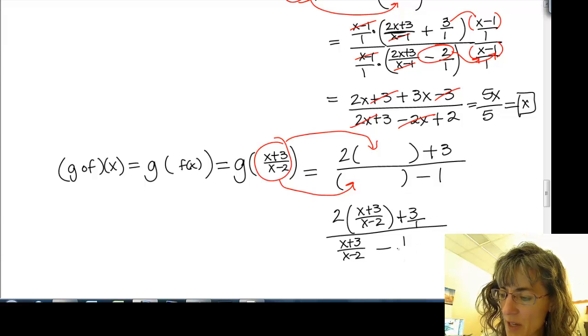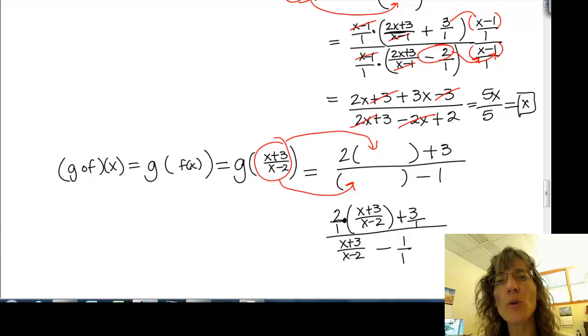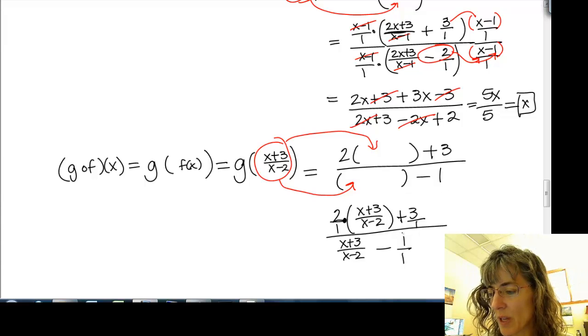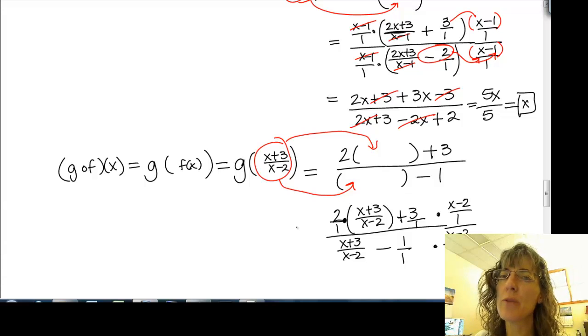Now I'm looking across this problem. I've got several parts that are not fractions. So I'm going to turn them into fractions, and this is being multiplied, so the 2 times the quantity is all one term. So when I'm looking at denominators, you can see that it's x minus 2 over 1, x minus 2 over 1 that I need to be multiplying by.